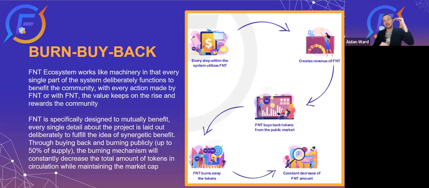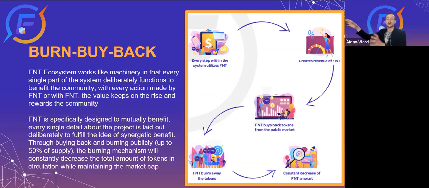And if you can maintain the market cap while dropping the supply, well, simple maths says that you would then need to elevate the value of the token, because the market cap has not changed, but the supply definitely has. So you have to divide it by a smaller amount, meaning that each token rises that little bit extra. So even if everybody on this call and everybody on every other call that we do from here until the launch of FNT were to all sell, that would mean that FNT would be able to use the reserve that they've actually got.